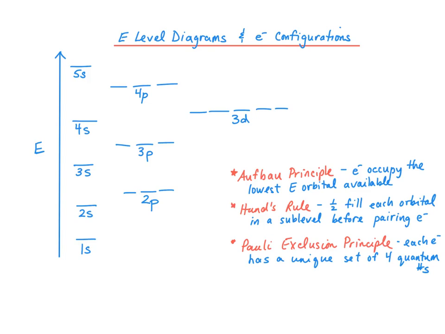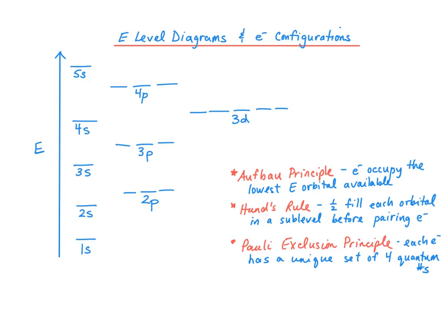Now there's a few rules we're going to follow. The German word Aufbau means filling up, and so we're going to make sure that we fill up these orbitals by having electrons occupy the lowest energy orbital available. So the 1s would be the lowest energy orbital, and that's where we'll put our first electron. And once it's full here, then we have to move up to the 2s, then the 2p, and so on.